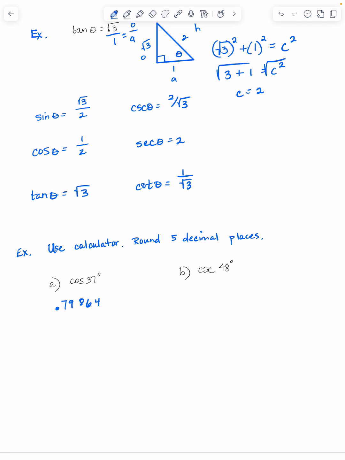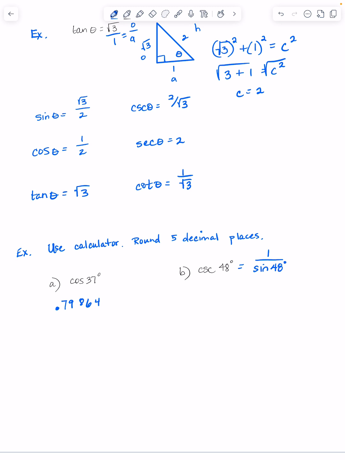Okay? And the reason I'm doing this problem is, you're thinking, we know how to handle a calculator, because the next part of that question asks for the cosecant of 48 degrees, and you don't have a cosecant button on your calculator, but you do know what the cosecant's reciprocal is. You know that cosecant is a reciprocal of sine, so this is the same thing as 1 over the sine of 48 degrees. Right? You flip it.